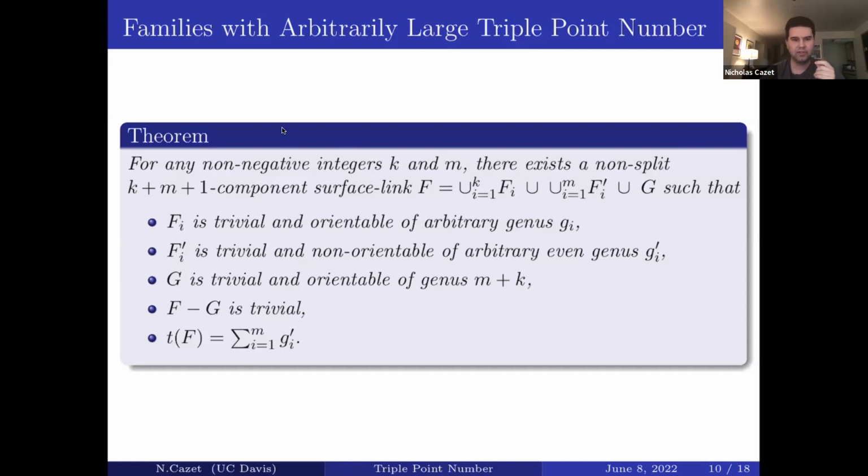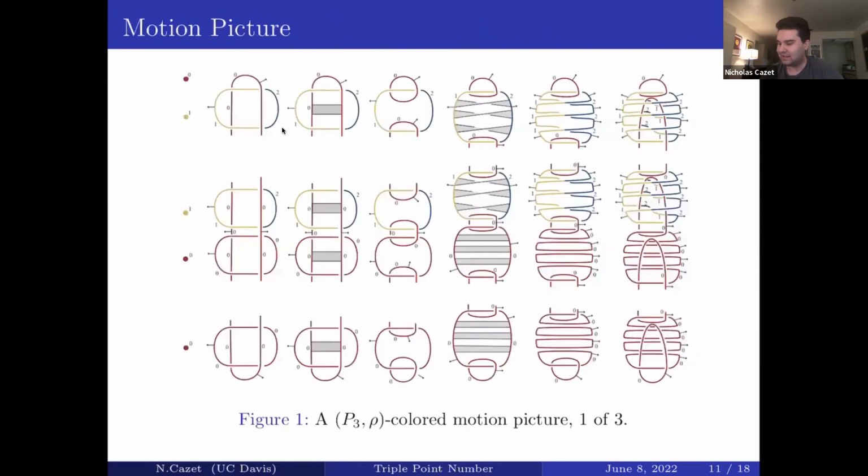So to prove this, it used quandles, but it actually used a generalization of quandles. So generalizing a generalization, and it's called a symmetric quandle. So this is this family here. The idea is there's a lot to explain with this picture, but I can color things.